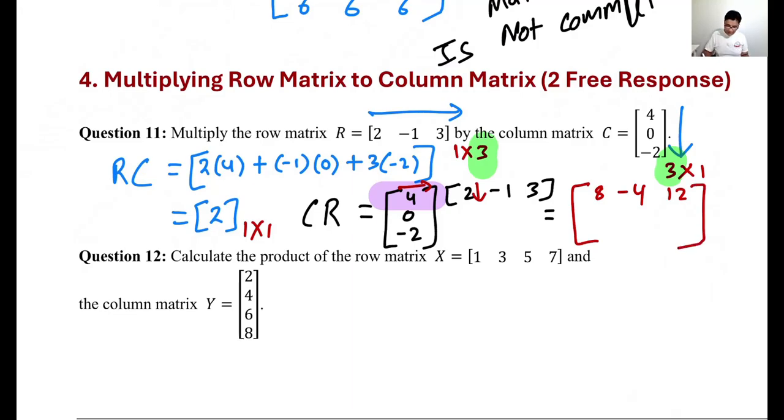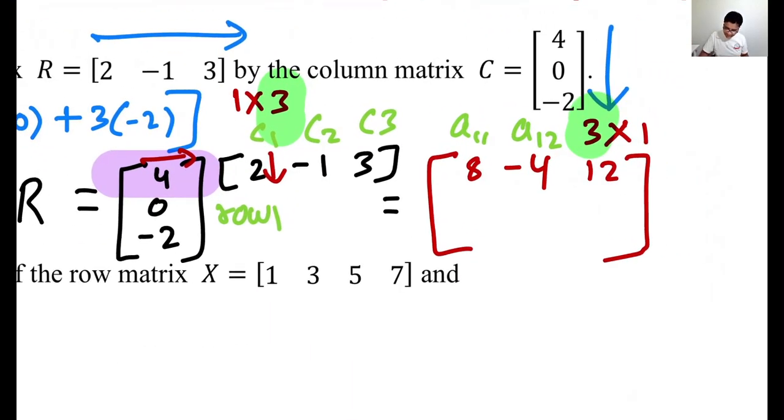And the concept of matrix multiplication is the row number comes from the first matrix, right? This is row 1. And these are column 1, column 2, column 3 in the second matrix. That's what happens here. This is A sub 1,1, first row, first column, A sub 1,2, first row, second column, and here it is A sub 1,3, first row, third column.